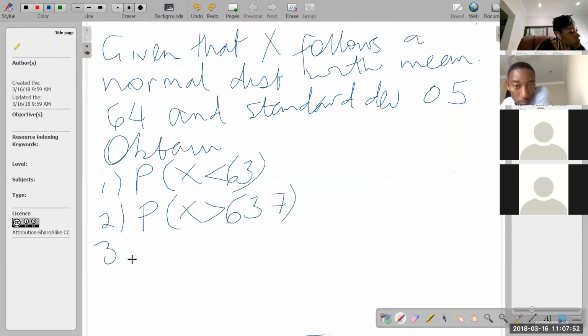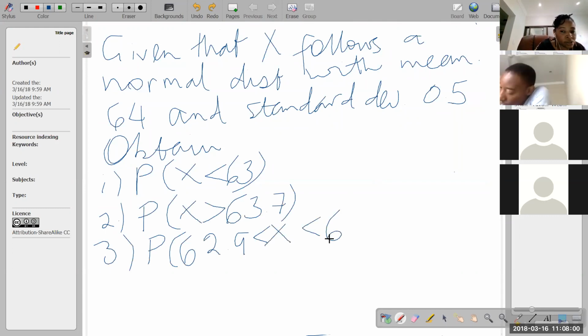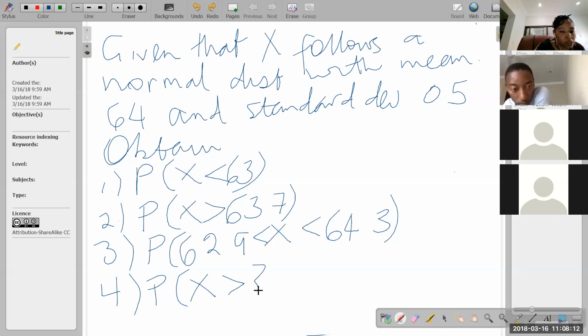Number 3, the probability that 62.9 is less than X is less than 64.3. Number 4, the probability that X is greater than what equals 0.1026.